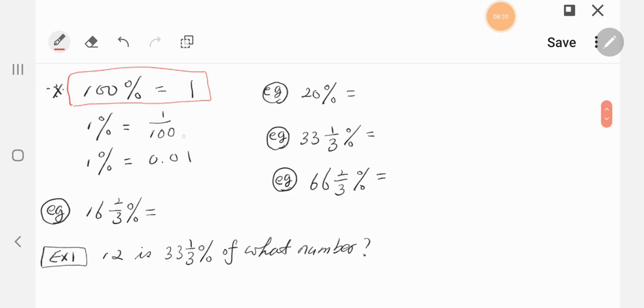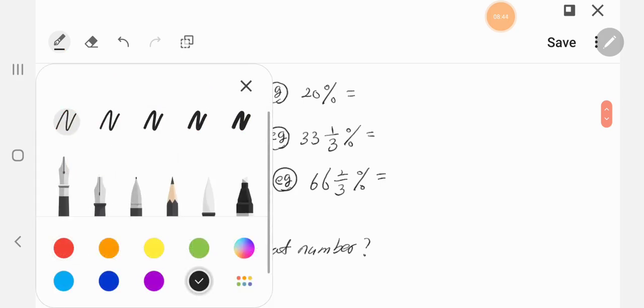So if you write 1% as a fraction, it will be 1 over 100, and in decimal that is 0.01. So you can replace the percent with 1 over 100 or 0.01. Doesn't matter.